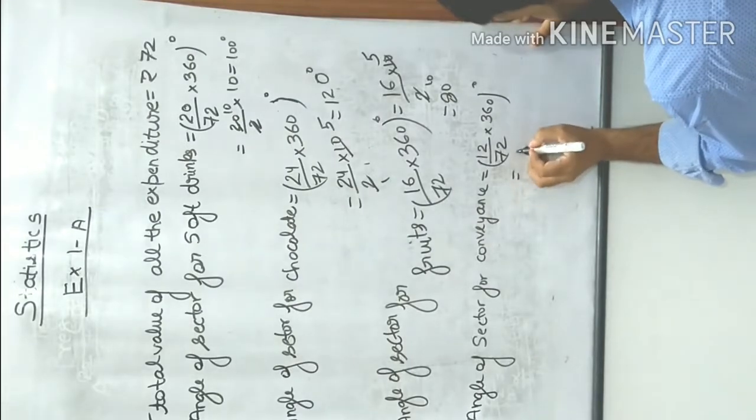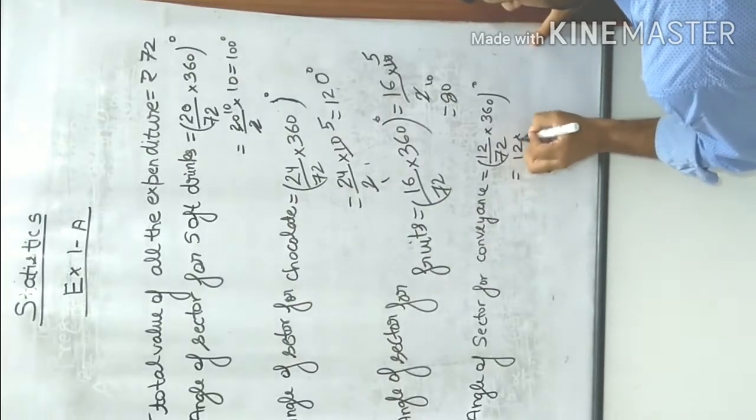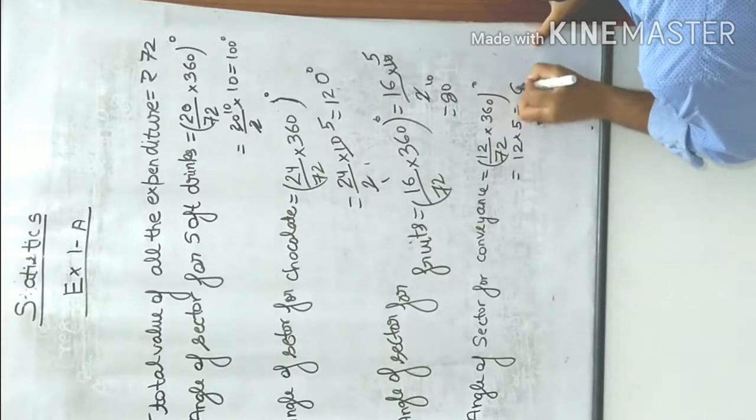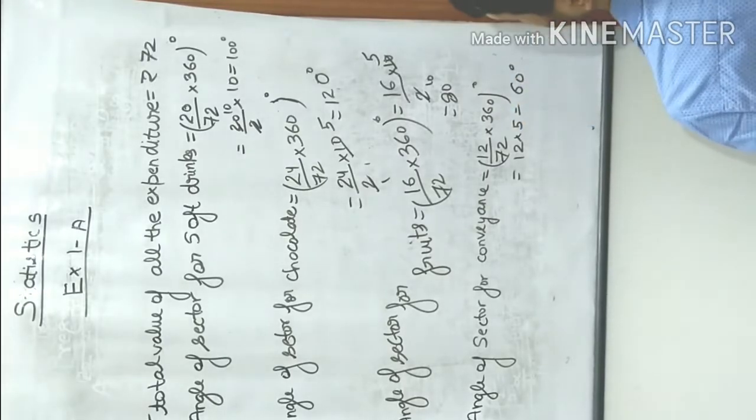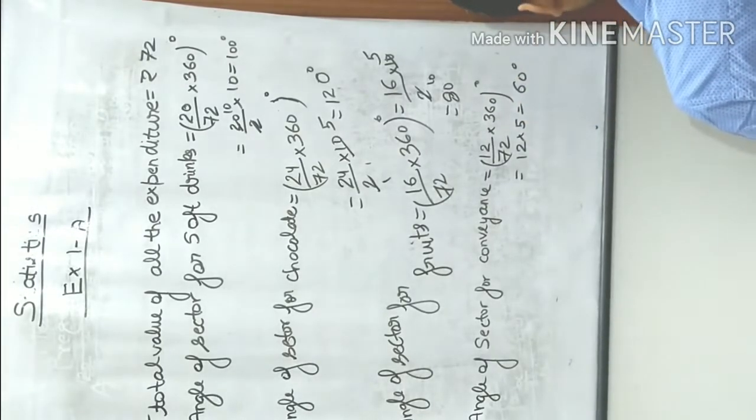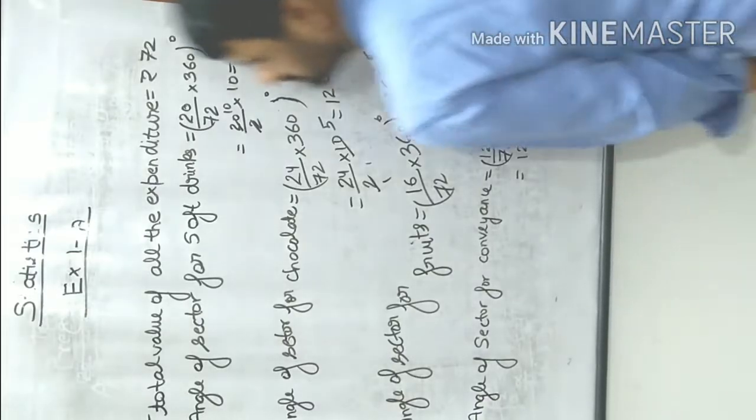That means 12 into 5. That means 60 degree. Okay. Now we have got all the angles.